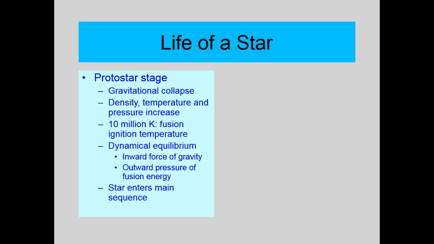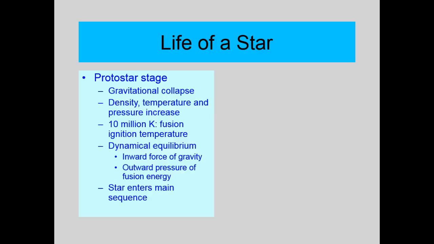Now, what I'm guessing a Cepheid variable is, it's not quite a stable equilibrium. It fluctuates, okay? And that's what gives you a way to measure distance. So the dynamical equilibrium is the inward force of gravity balanced by the outward pressure of the fusion energy pushing out.